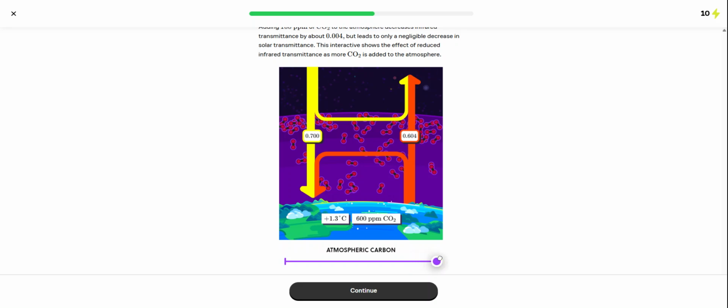The maximum value is 600 parts per million, giving a 1.3 degrees Celsius temperature increase. Too much CO2 in the atmosphere is not a good idea, especially when caused by human activities. So back to the minimum atmospheric carbon is the best possible option. Continue to the next screen.